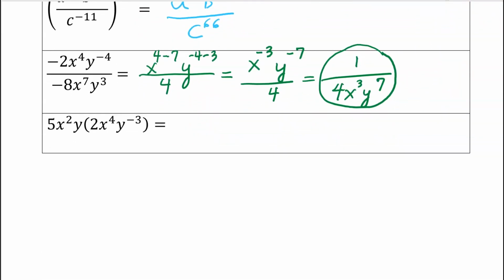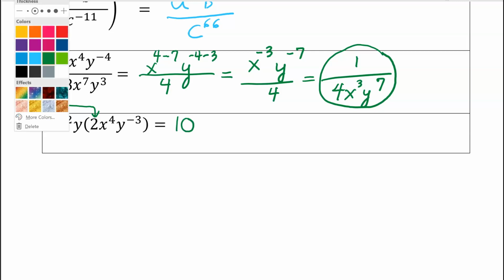The last problem. What operation do you think this problem is? It is definitely multiplication, because we have 5x squared y right next to this parenthesis. What we can do is multiply the whole numbers together. We got 5 times 2. That's 10.